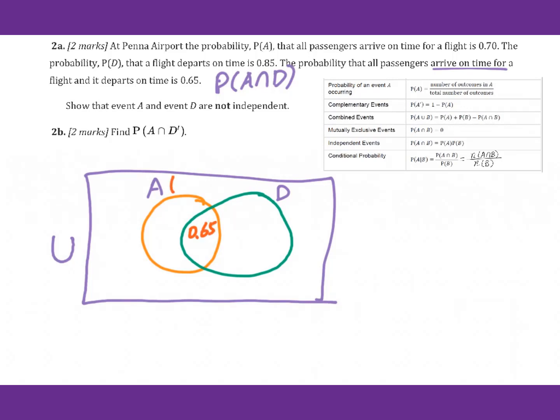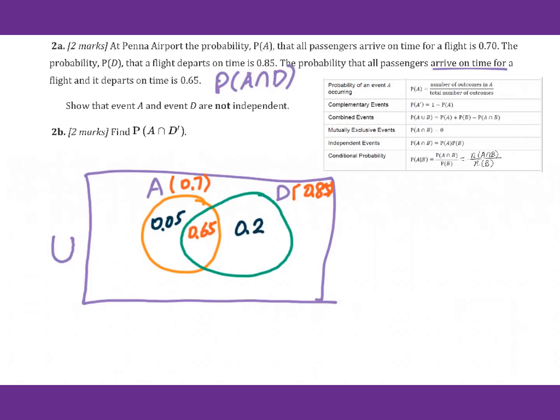For A, it's given 0.7. For D, that is 0.85. So we can figure out 0.7 minus 0.65, that is 0.05. 0.85 minus 0.65, that's 0.2.